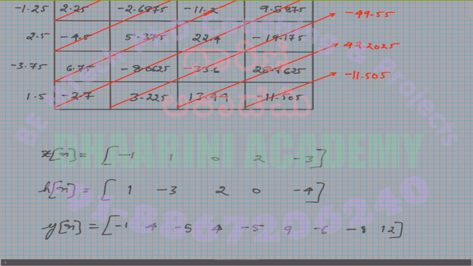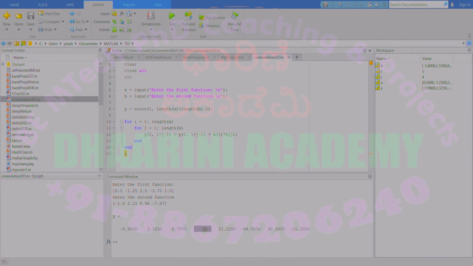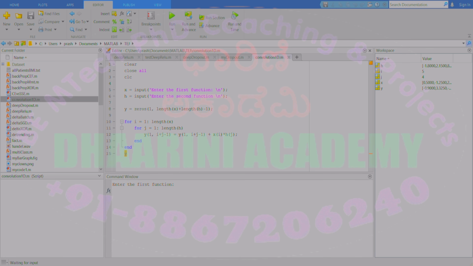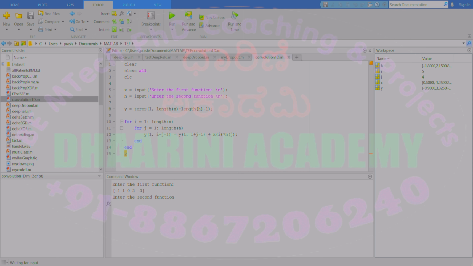Okay, now let's verify the same thing in MATLAB. So let's enter sequence number 1, that is minus 1, 1, 0, 2, minus 3.